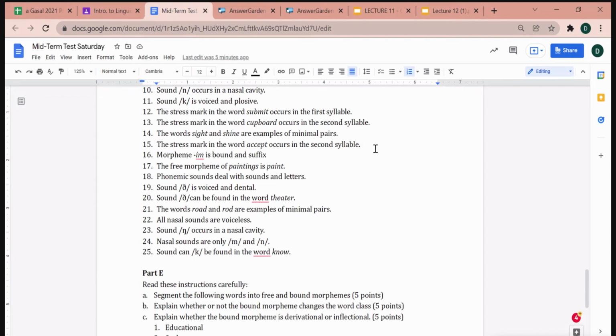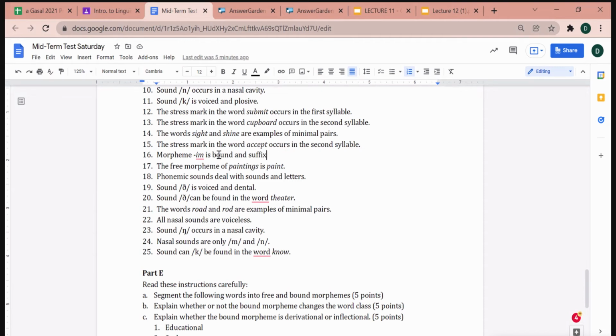Accept. Good. Next: morpheme M is bound in suffix. That's false. Why is it false?